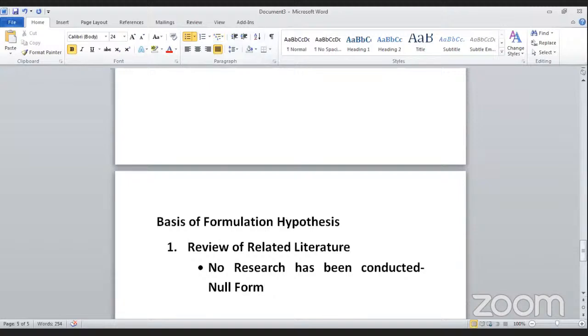So when you read the related literature, and that is why review of the related literature is very, very important. It starts helping you from step number 1, and it will help you in step number 2. Therefore, review of related literature cannot be an independent step. Some people say that review of related literature is an independent step of research.